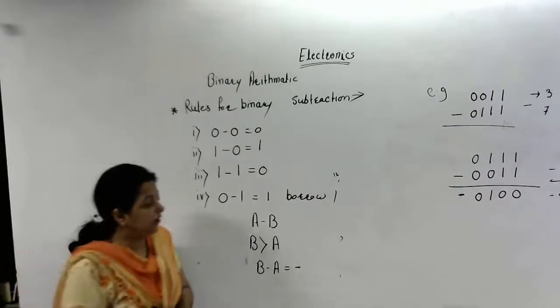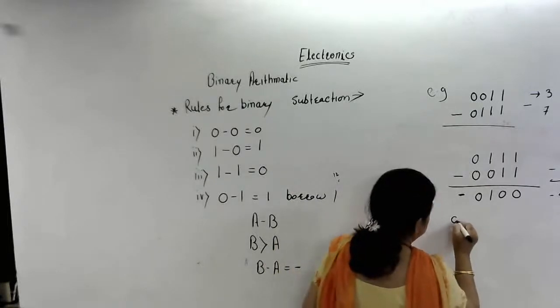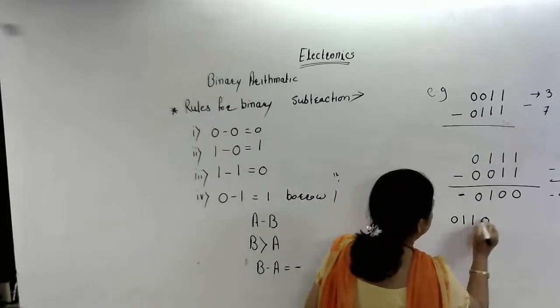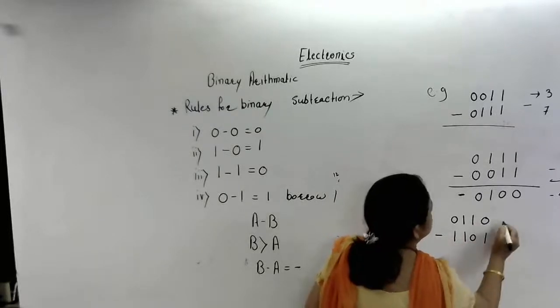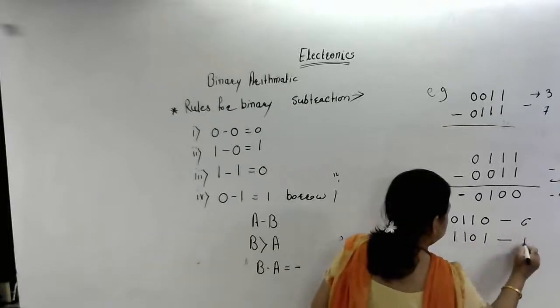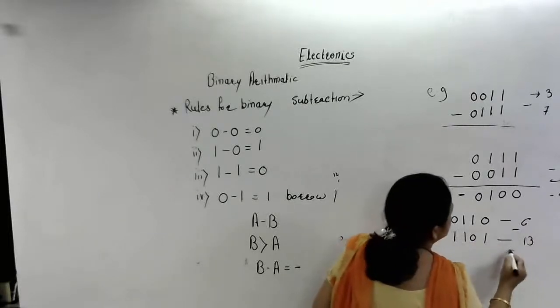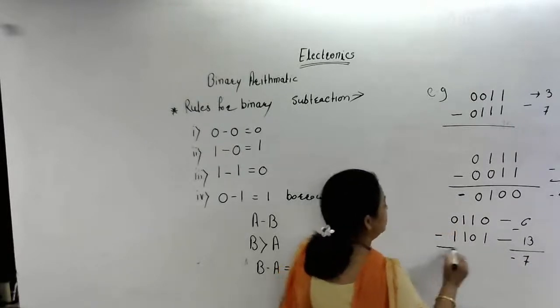Let's take one more example. Suppose, for example, 0, 1, 1, 0 minus 1, 1, 0, 1. Here you have 6, here you have 13. 6 minus 13, the answer should be minus 7.